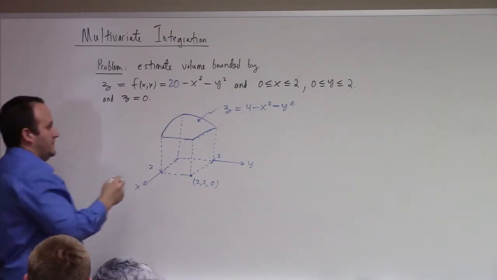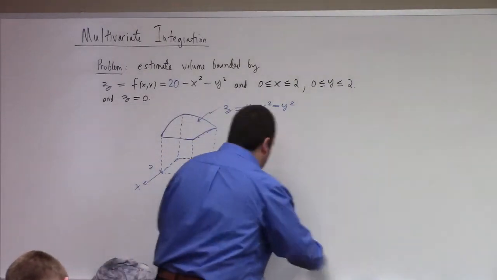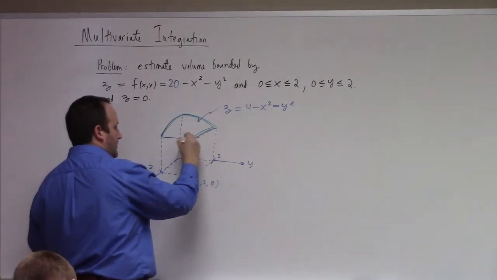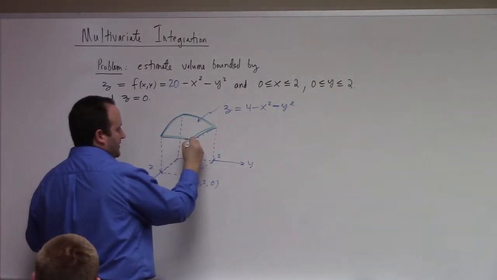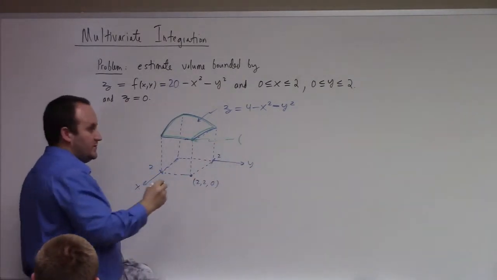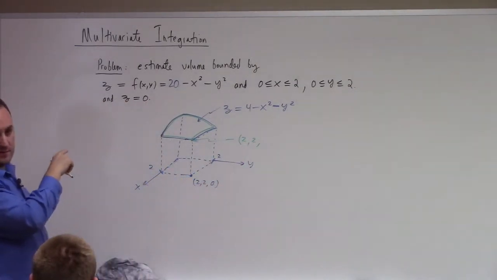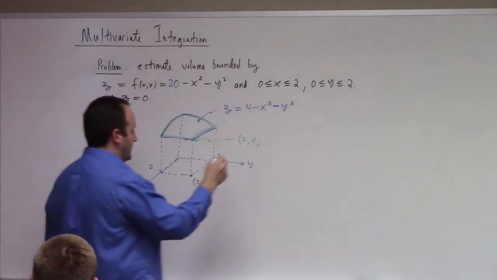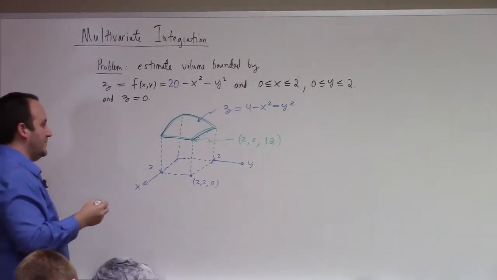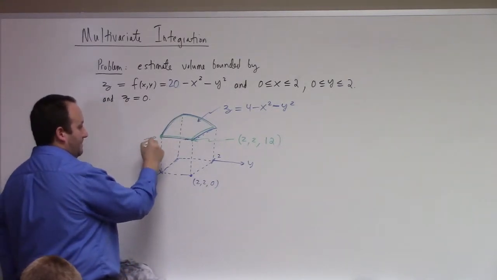All right, so the top thing here, which I will outline in green shortly, this right here, what's this point right there? 2 what? I do 20 minus 4 minus 4, yeah, 12. Okay, and let's figure out a few more points. What's the value of the graph at this point right here?